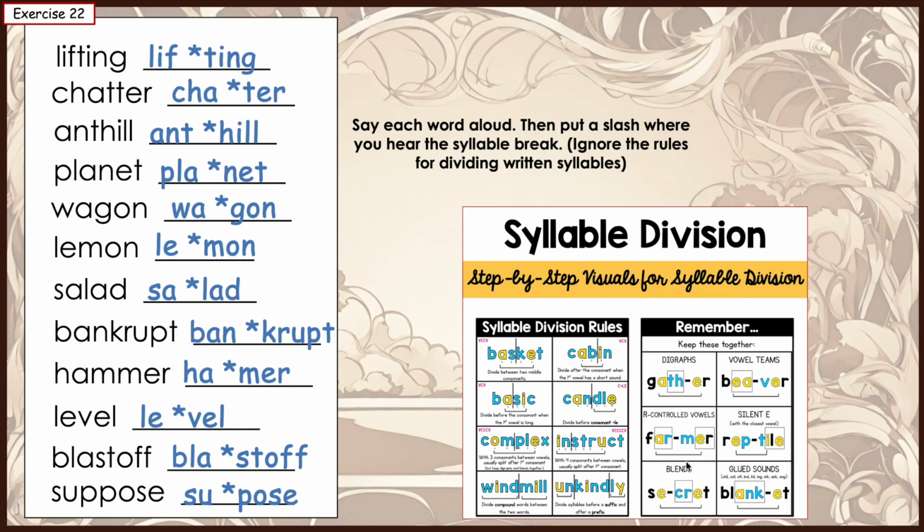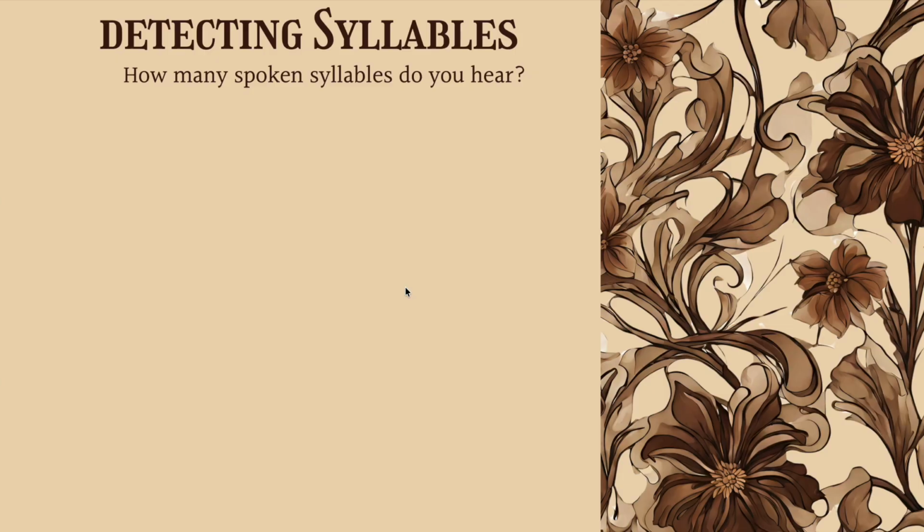Now, later on in chapter 4, we'll talk more about the syllabication rules and why we have them and why we use them, but keep that in mind not to confuse the two when you're talking about oral syllables with a student. Like I said, we can say the word to hear it, to see how many syllables we have, and that's the primary function of speaking out the syllables. So we're going to practice that right now.